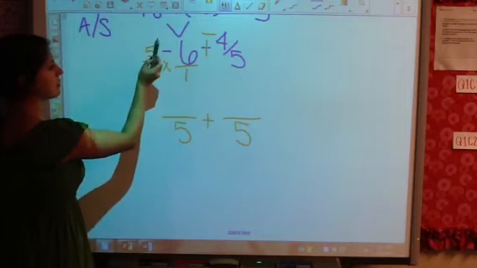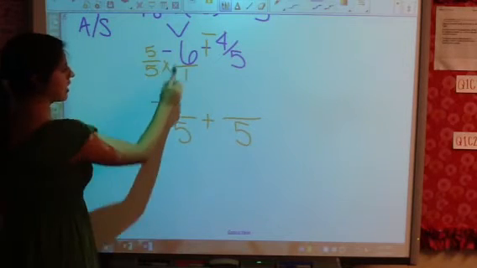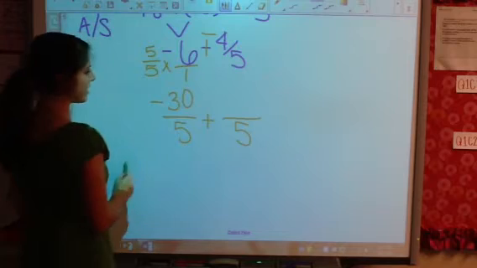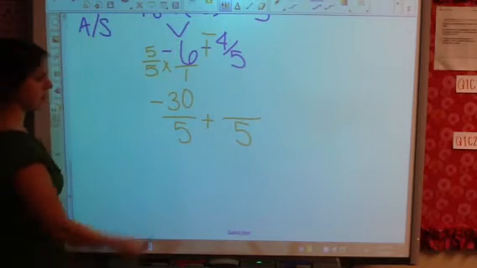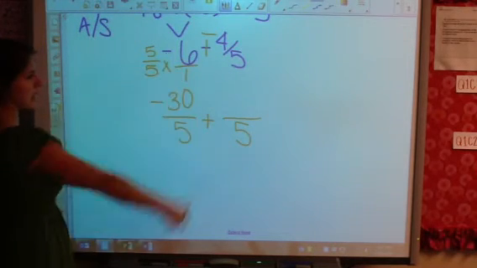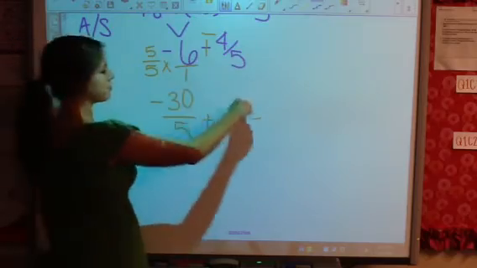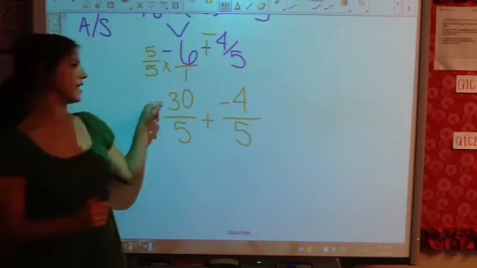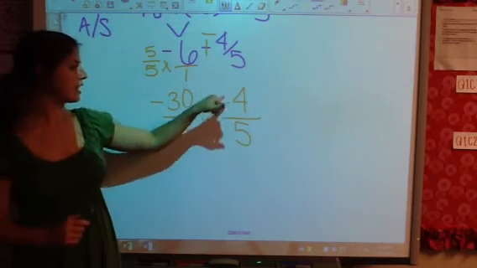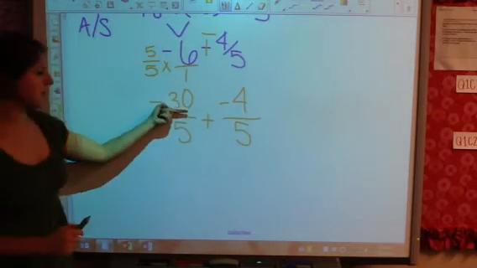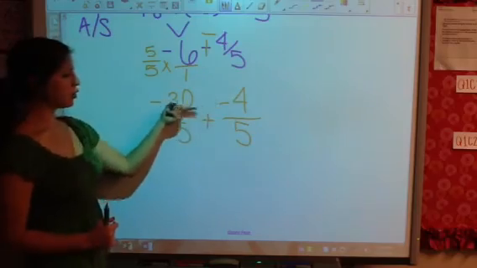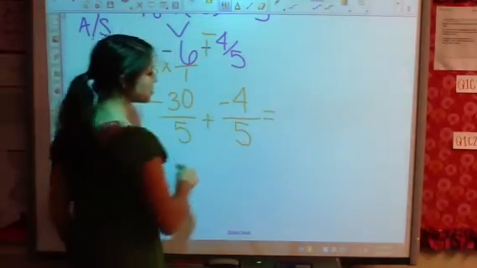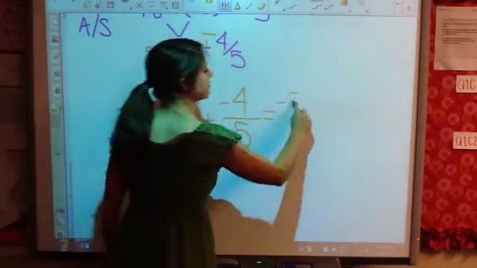So a negative times a positive is going to be negative, and that's going to be -30/5, which is the same thing as -6, because -30 divided by 5 would give you -6. -4/5 stays the same. Okay, so now I have -30/5 and -4/5. -30 and -4. 30 holes, 4 holes. We just have a whole bunch of holes. So we have -34/5.